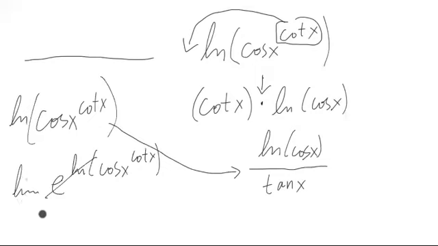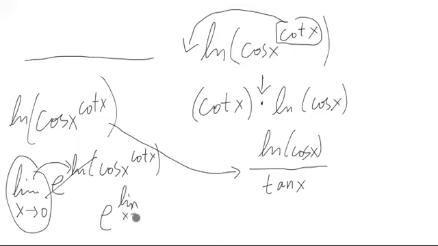Let's suppose that we're taking a limit as x approaches 0. Now notice that this limit can pop inside of the e here because e is a continuous function. So we really can look at e to the limit as x approaches 0 of natural log of cosine x to the cotangent x.